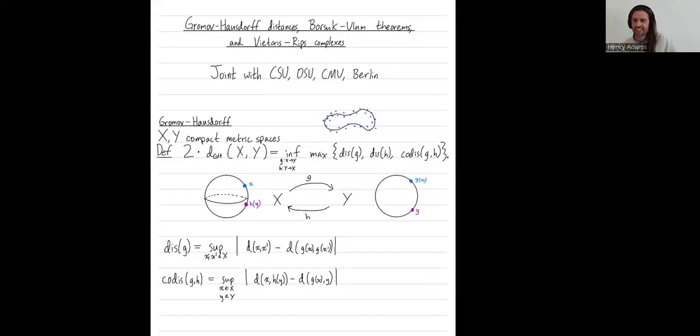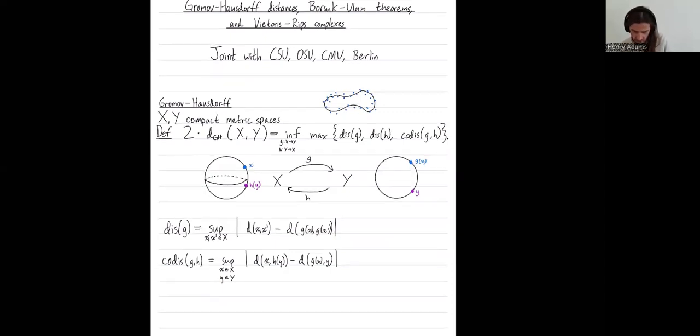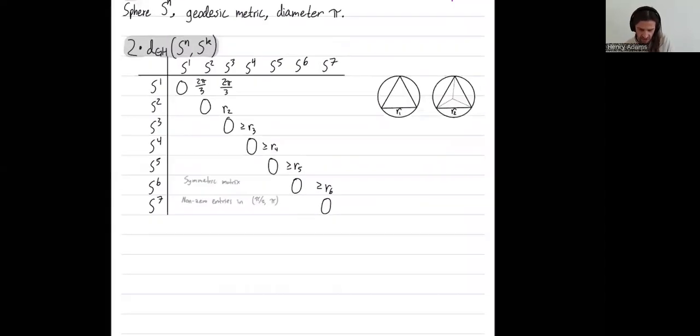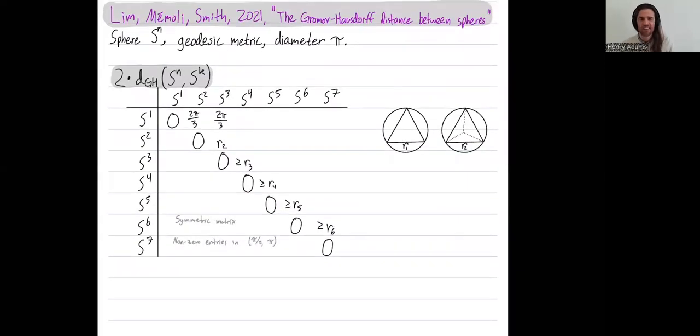One last connection that I'll advertise, oh, I'm over time, I apologize, is to Gromov-Hausdorff distances. So what are the Gromov-Hausdorff distances between spheres? Lim, Mémoli, and Smith recently proved some nice results. We recognized their entries in this distance matrix of Gromov-Hausdorff distances between spheres as scale parameters where Rips complexes change homotopy types.